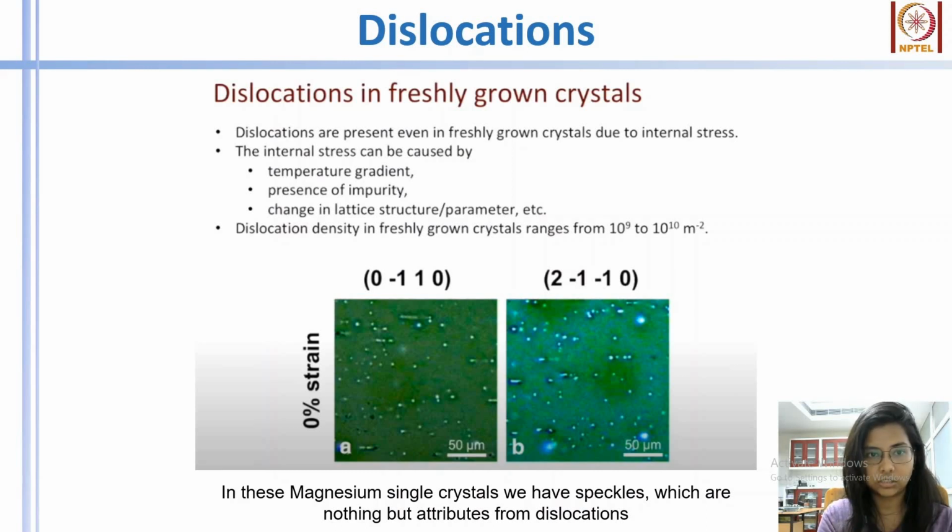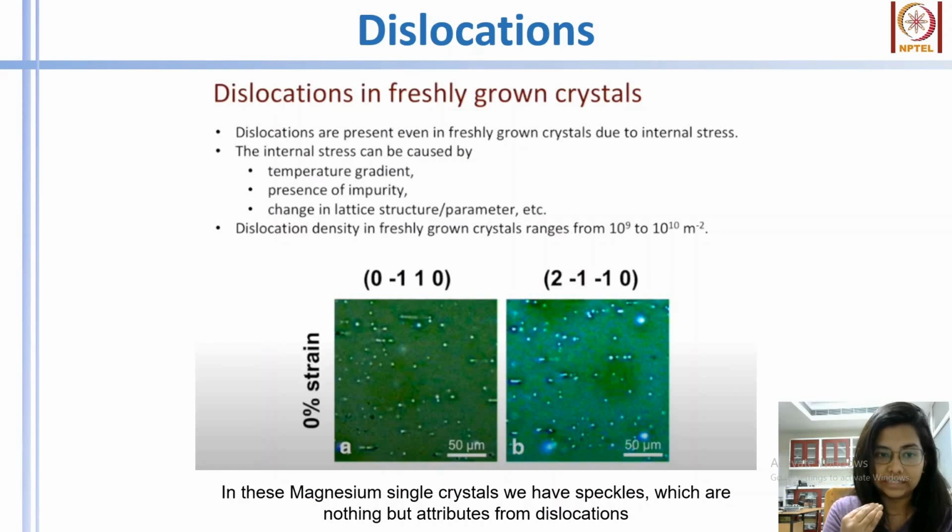So dislocations are present even in freshly grown crystals. Why? Due to internal stresses. And this internal stress can be caused by many factors. It can be due to temperature gradient, it can be due to the presence of impurity, it can be due to change in lattice parameters due to the impurities.